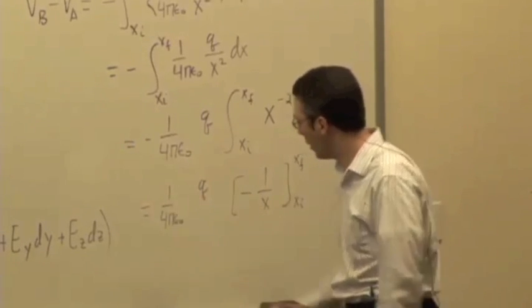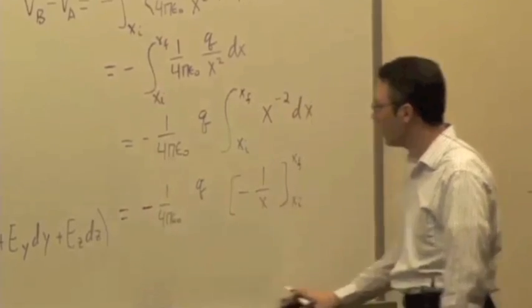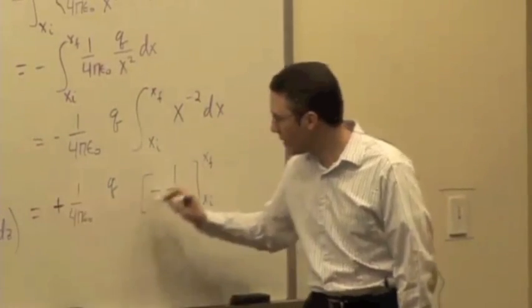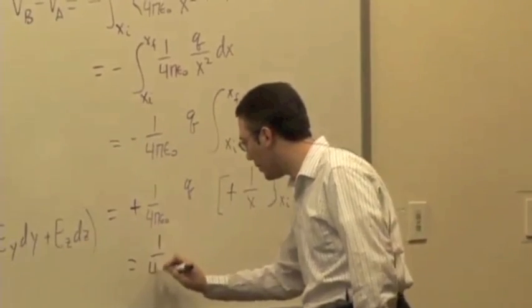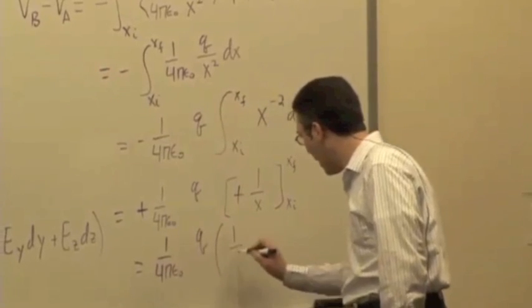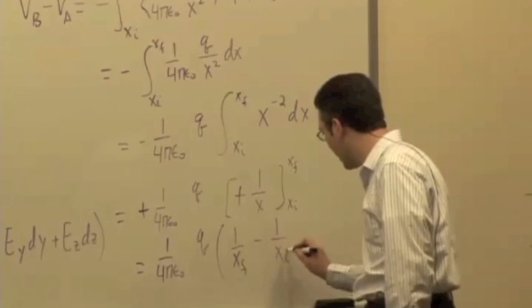Okay? Lost a negative sign. That's easy to do. So, well, let me cancel these negatives out. That cancels that. And we finally end up with 1 over 4 pi epsilon 0 q, 1 over x final minus 1 over x initial.